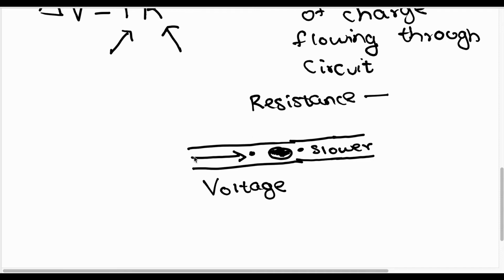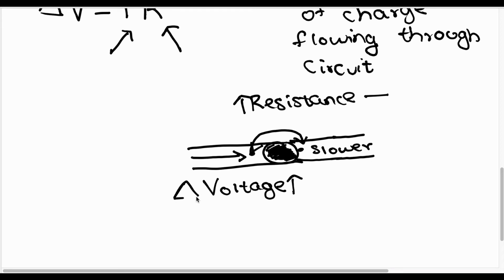For example, if the water was moving really fast here, but you had a big boulder, analogous to a high resistance, then here the water would move even slower. So thus, if you increase the resistance, you also increase the difference between the speeds of the water at each of these two points, which is analogous to increasing the voltage difference.